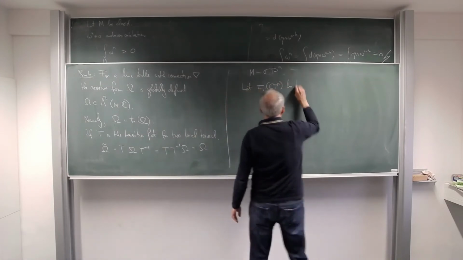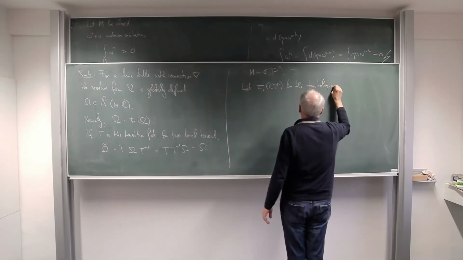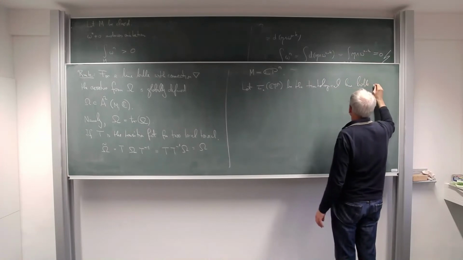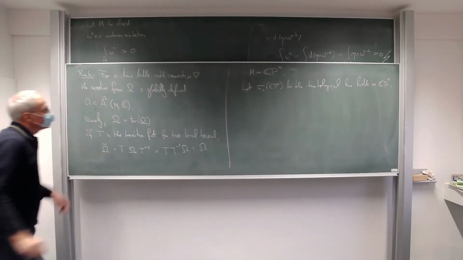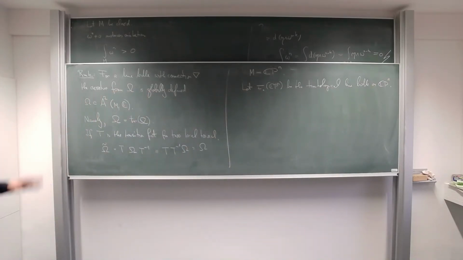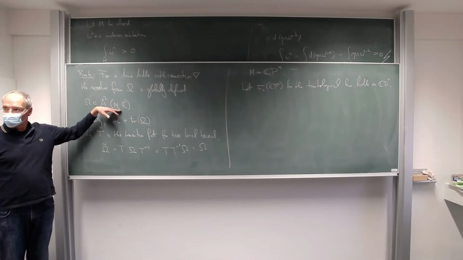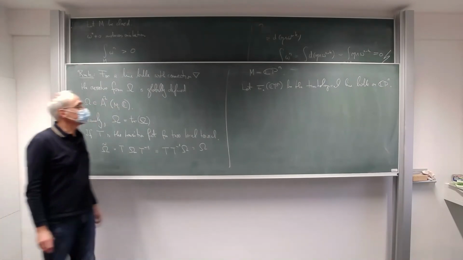Let this be the tautological line bundle on CP^n. Okay, and if I give this line bundle a connection, then I automatically get a globally defined curvature. This is what I will take as my symplectic form.